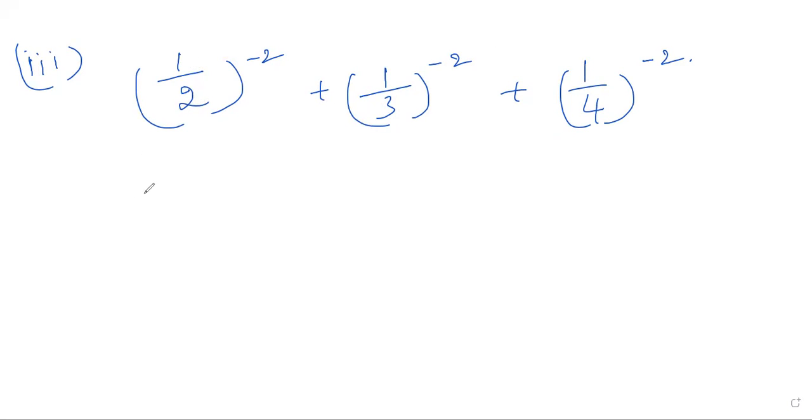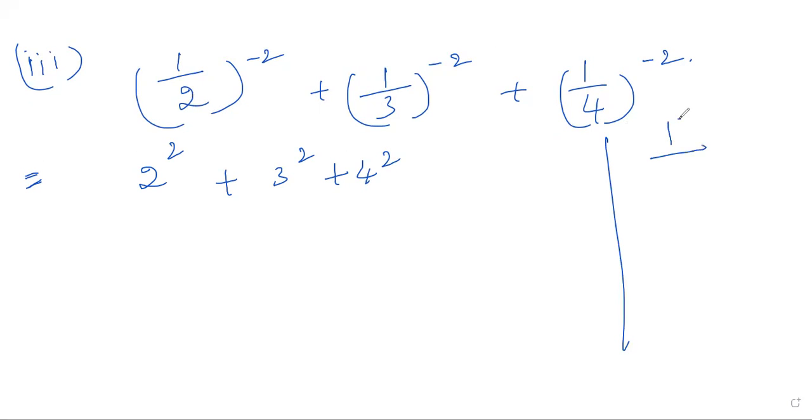So simply we can write it as, just change the numerators and denominators. So we can write it as 2 to the power of 2 plus 3 square plus 4 square. That's it.